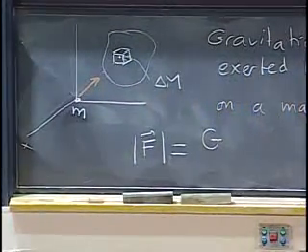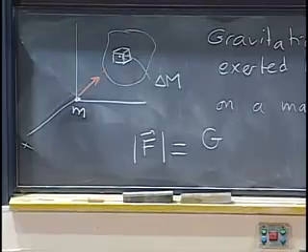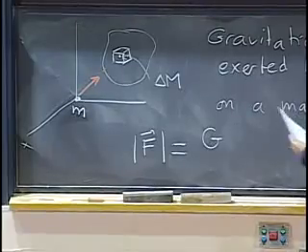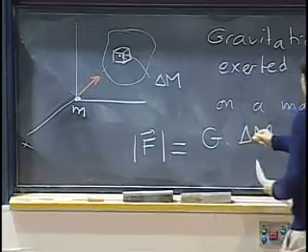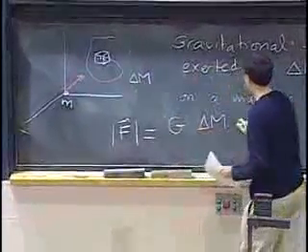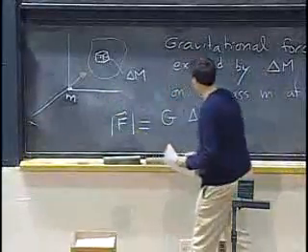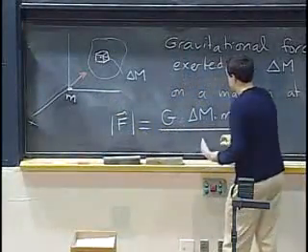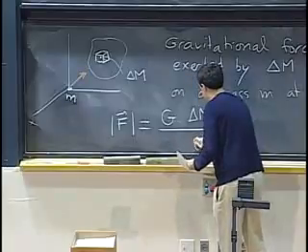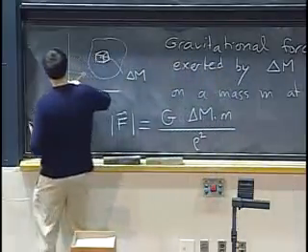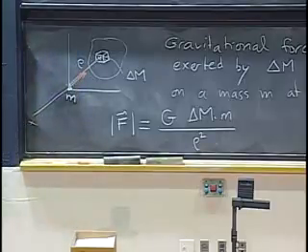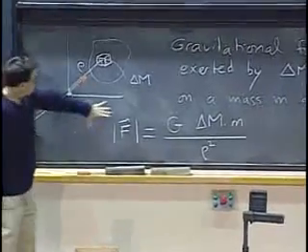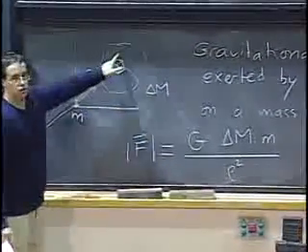It's the gravitational constant, and its value depends on which unit system you use. Usually it's pretty small. Times the mass delta m times the test mass little m divided by the square of the distance. And the distance from you to that thing is conveniently called rho, since we've been introducing spherical coordinates. So that's the magnitude of the force.